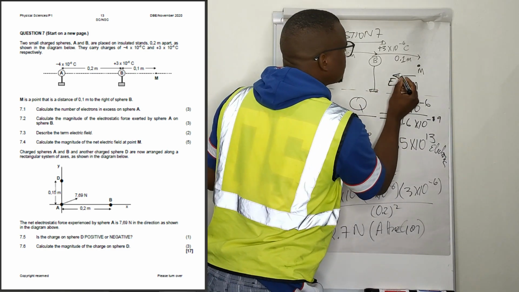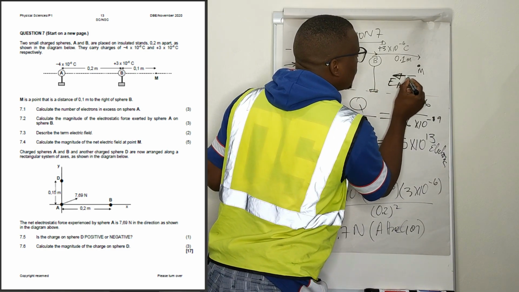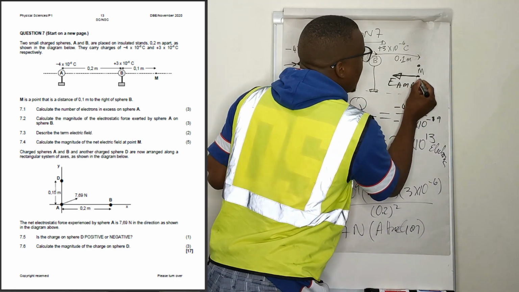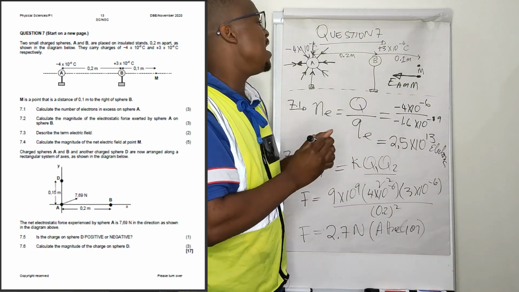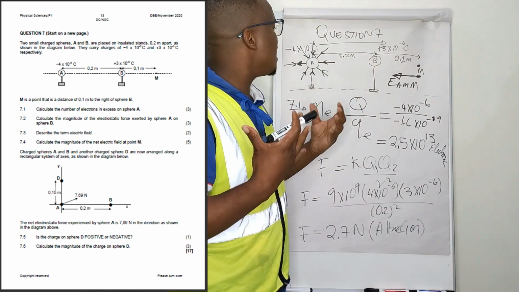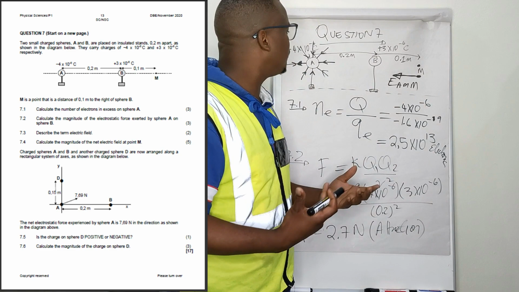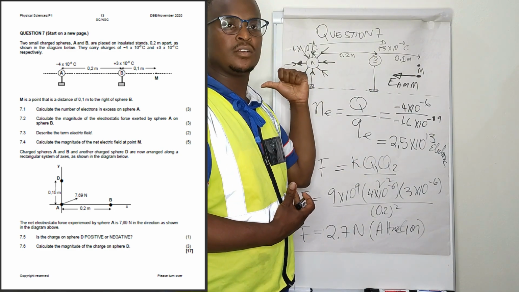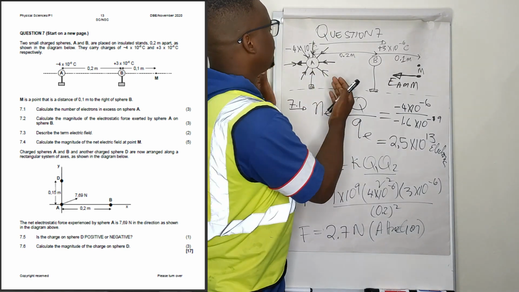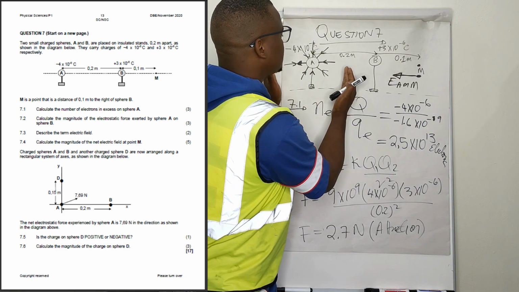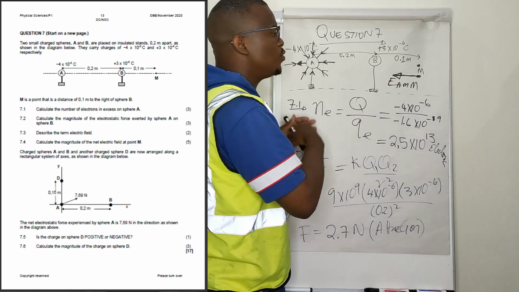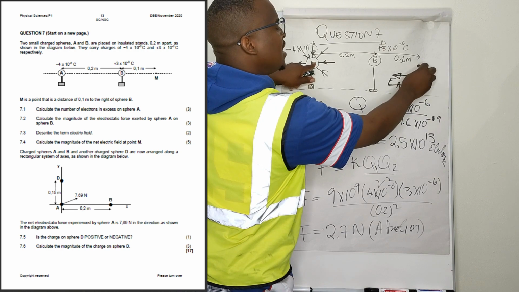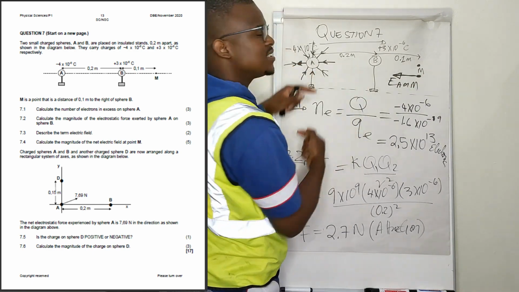So M is experiencing an electric field of A in that direction, which is to the left, because the electric field lines are going into A. If M is here, the electric field that M will experience will be towards that direction.